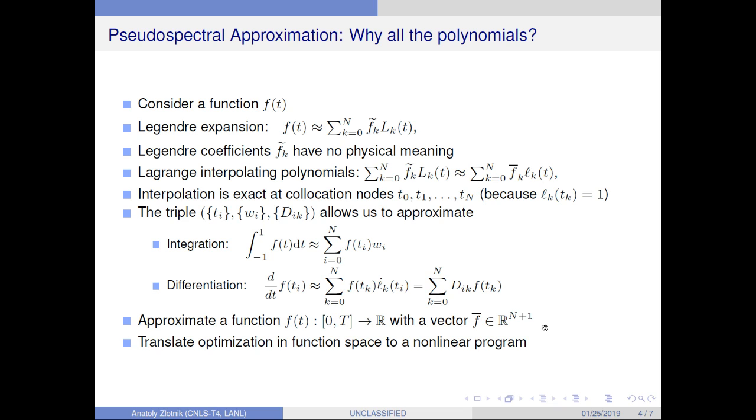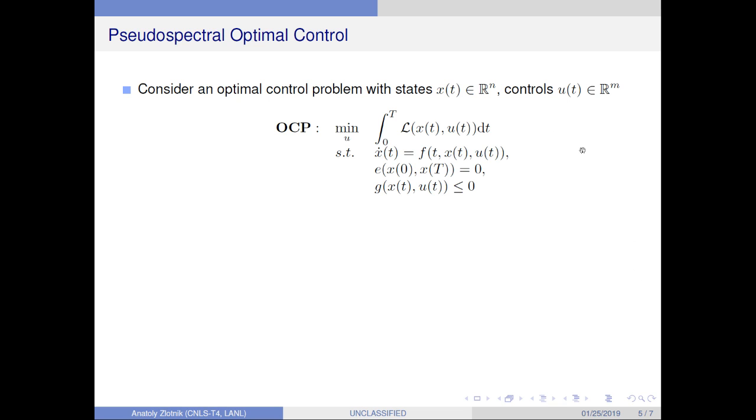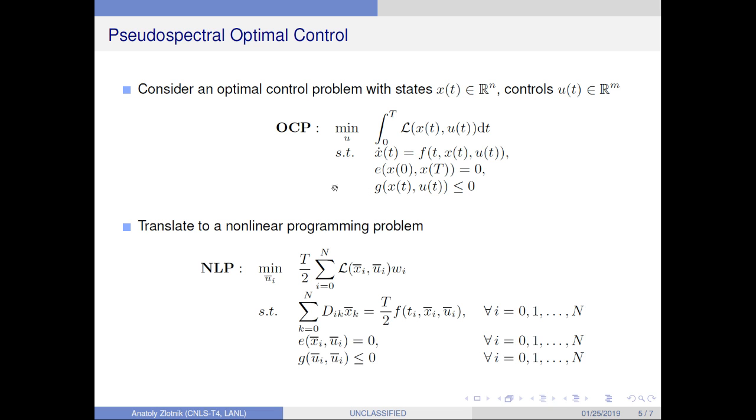And this allows us to translate optimization in function space to a nonlinear program. So we consider an optimal control problem with the states x and controls u, and we want to minimize the running cost subject to dynamic constraints, endpoint constraints, and path constraints. And we can write this optimal control problem as a nonlinear programming problem where the objective is evaluated using quadrature.